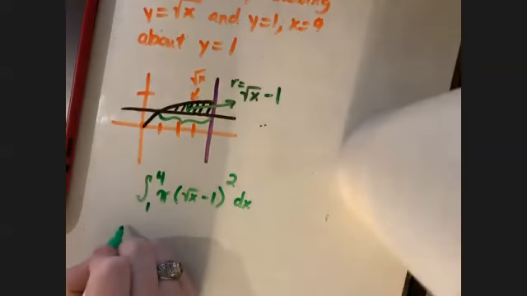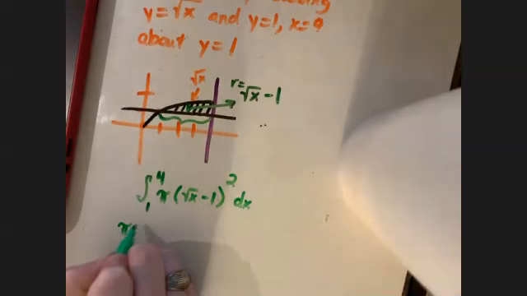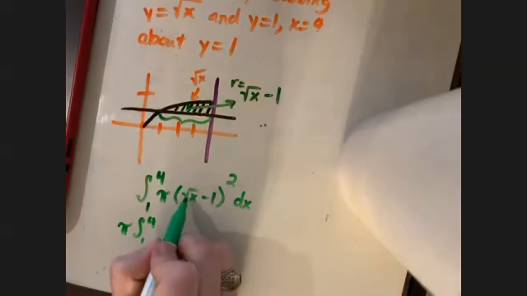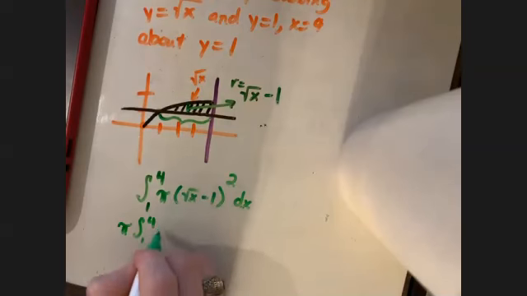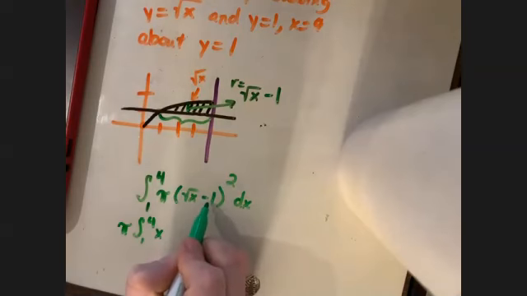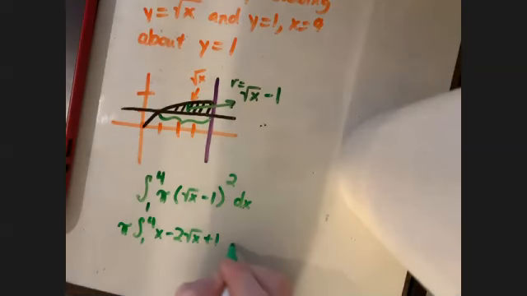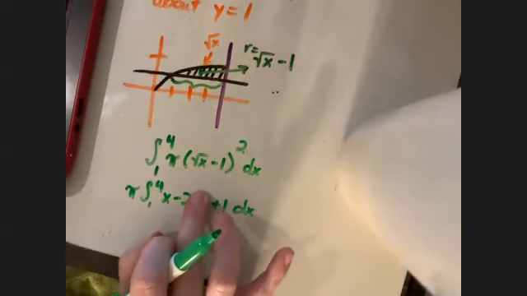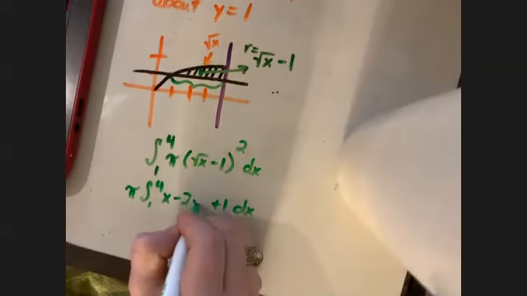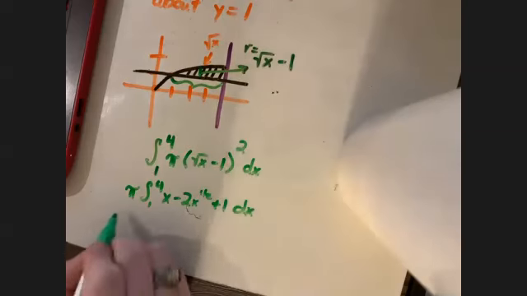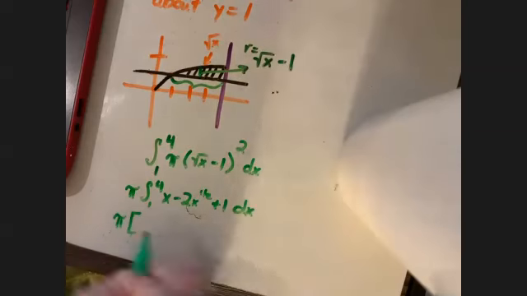I'm going to bring the pi out to the outside because I don't want to deal with it on the inside. Foiling this, squaring that gives me x, minus 2 square roots of x, plus 1 dx. I'm going to switch this to x to the 1/2. So now I've got pi still sitting here on the outside.